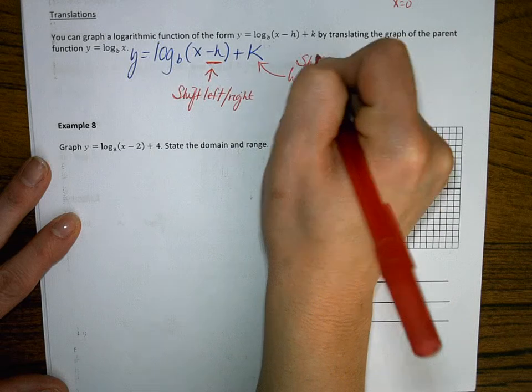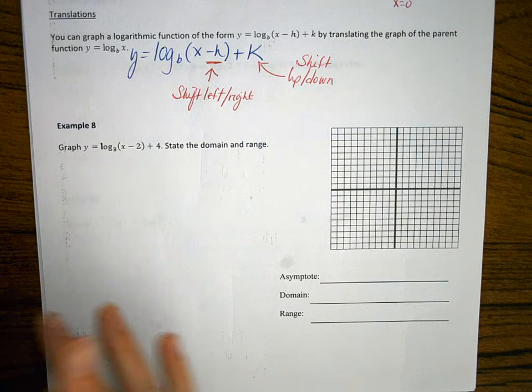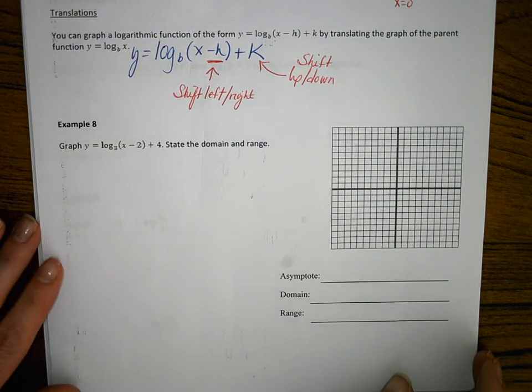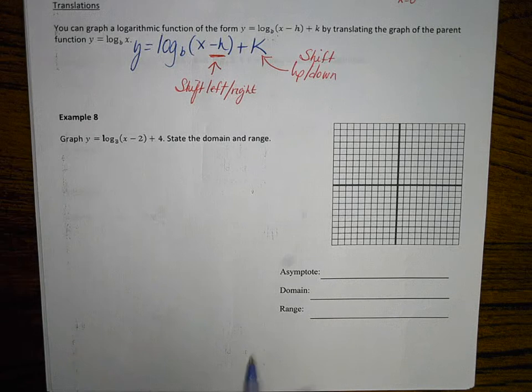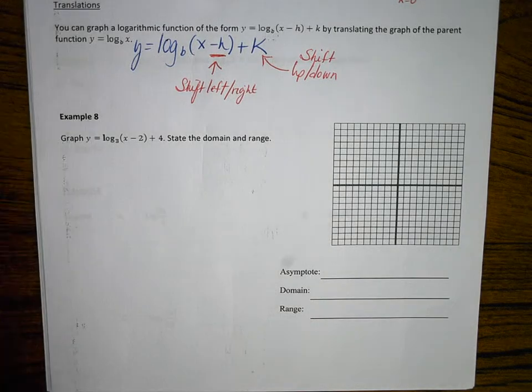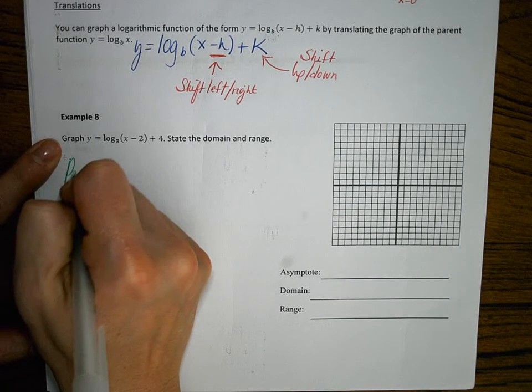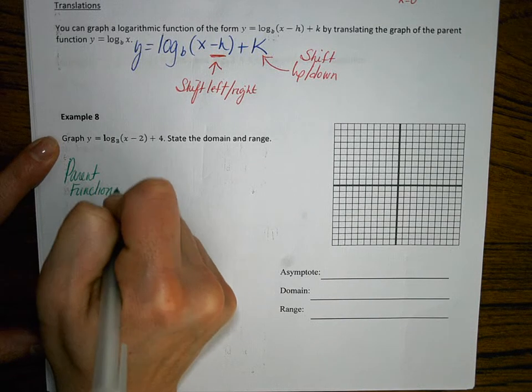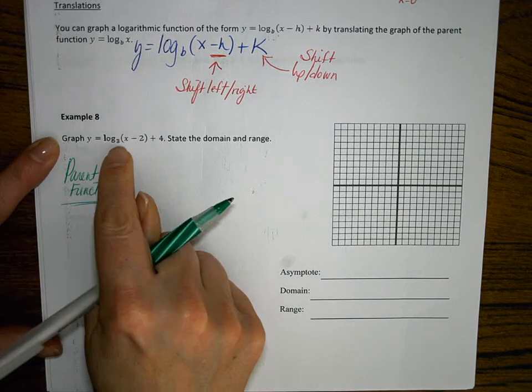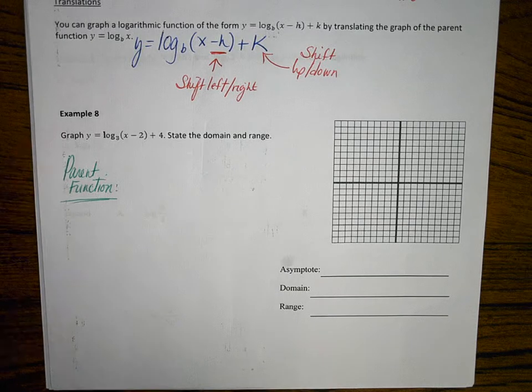All right, now I want to see in every single case the parent function and then the translation. So y is equal to log base 3 of the quantity of x minus 2 plus 4. To get started here, what's the base? 3. Yeah. What is my parent function here?